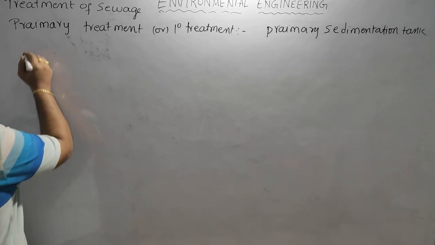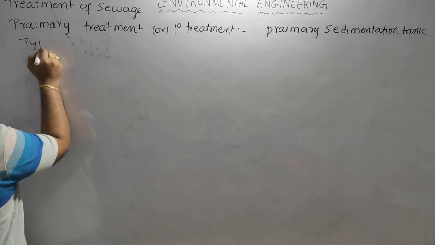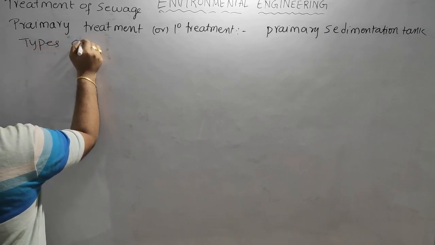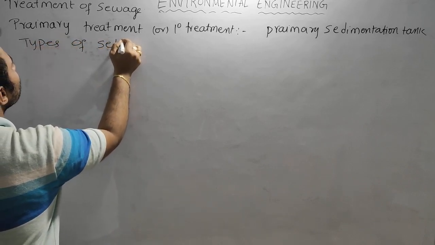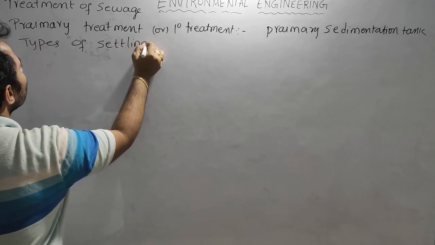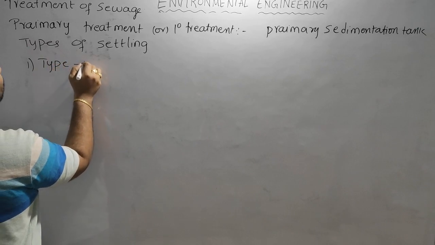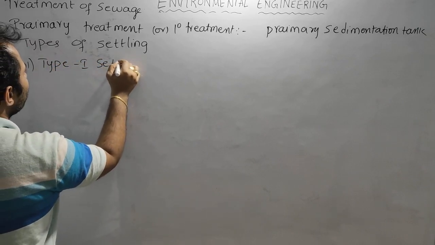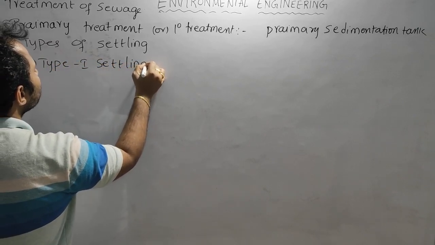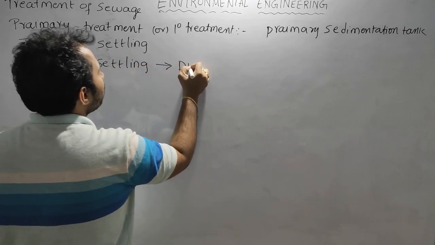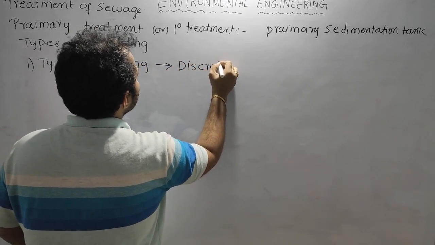So if you look at the types of settling, the first one is type 1 settling. Type 1 settling is nothing but discrete settling.